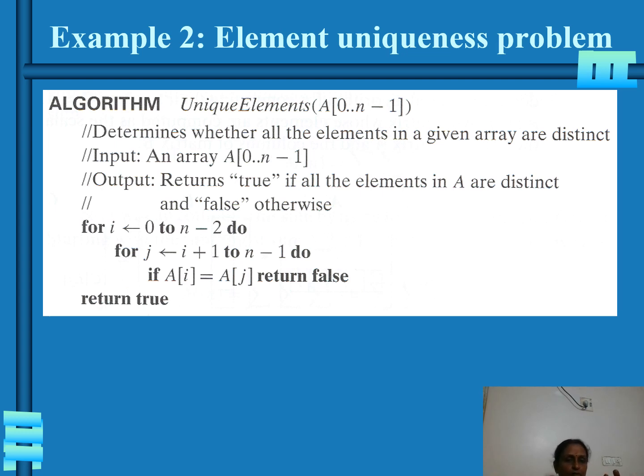Now we'll analyze the efficiency of the algorithm. As per the general plan, the input size is n. The basic operation is again comparison, but here you have two for loops, so you have to set up two summations. First we set up the inner loop: j ranges from i plus 1 to n minus 1, and the outer for loop i is equal to 0 to n minus 2.